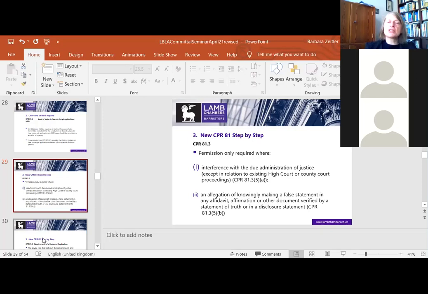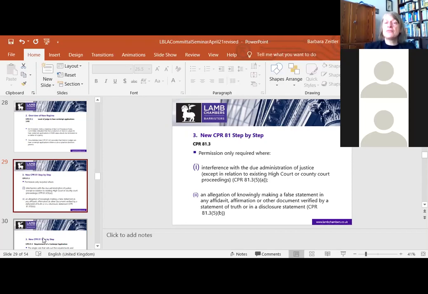proceedings. What I've put up on the slide is something that probably is not going to concern us very much in the context of antisocial behaviour contempt proceedings. CPR 81.3 also makes clear that there are certain circumstances where permission to make a contempt application is required, but they don't concern us in the context of antisocial behaviour proceedings.